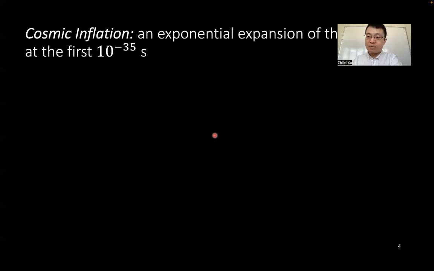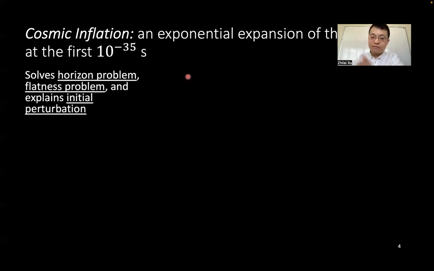That's why people theorized the cosmic inflation paradigm. It describes the universe going through an exponential expansion in the very first 10 to the minus 35th seconds. This solves the horizon problem. This dramatic expansion stretches the horizon in the very early universe to beyond what we thought it was.